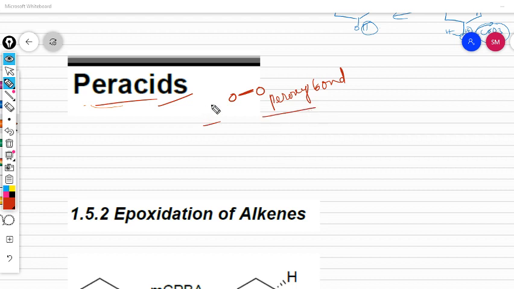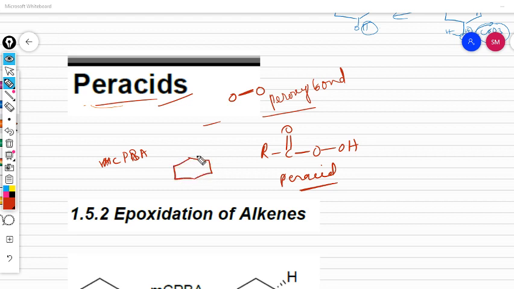For example, if I consider an acid which is having a peroxy bond, this can be called a peracid. So it is a general form of the peracid. Regularly used peracids are metachloroperoxybenzoic acid, MCPBA.